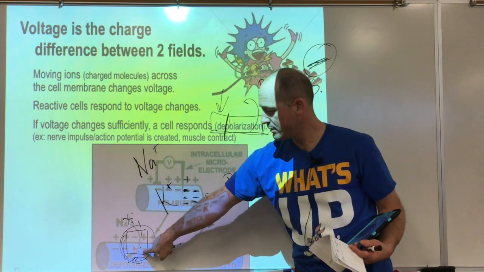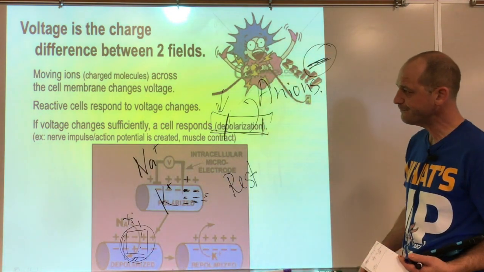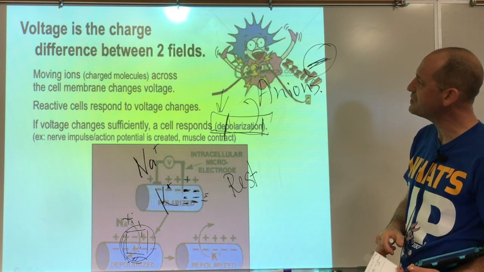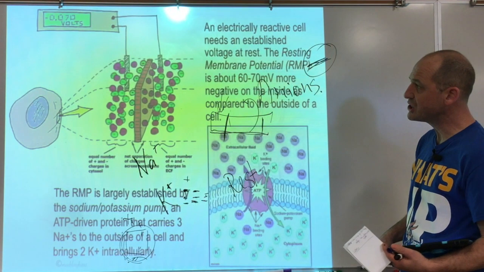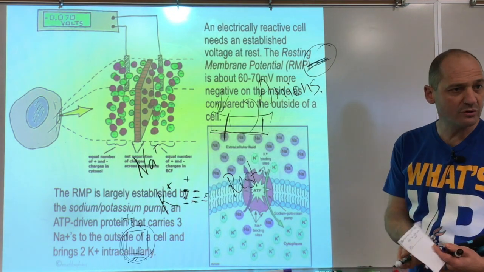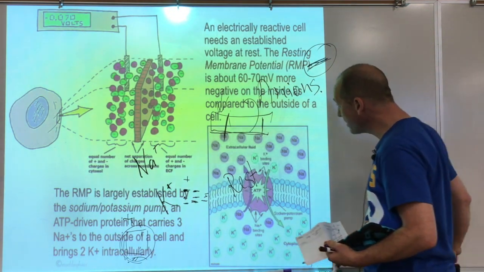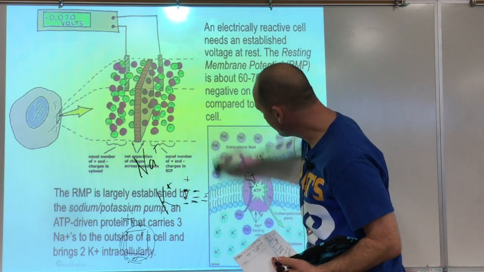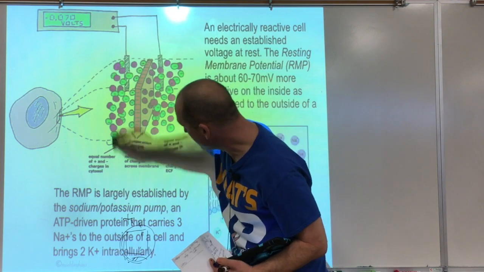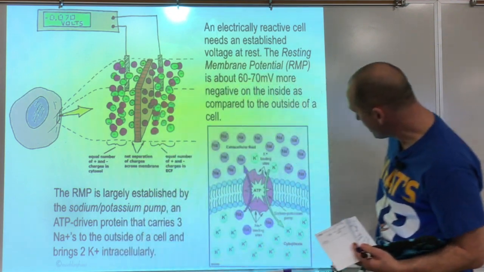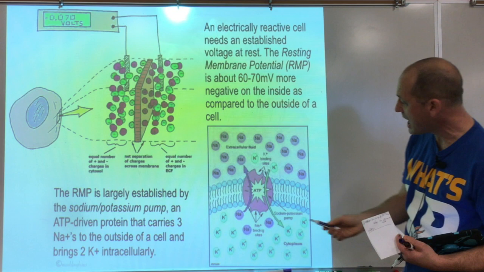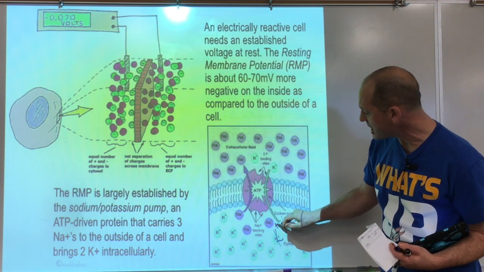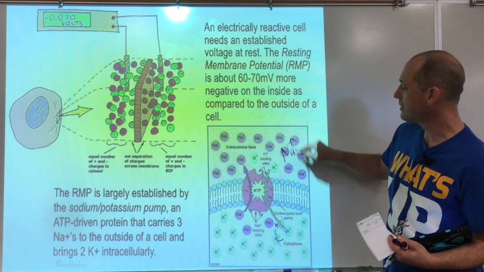We flip it. So that's the voltage situation, the charge difference between two fields. And it's changing when we have a nerve impulse. But to establish that resting situation, we have to have what I said before, these pumps that continuously, all the time, pump sodium to the outside and potassium to the inside.